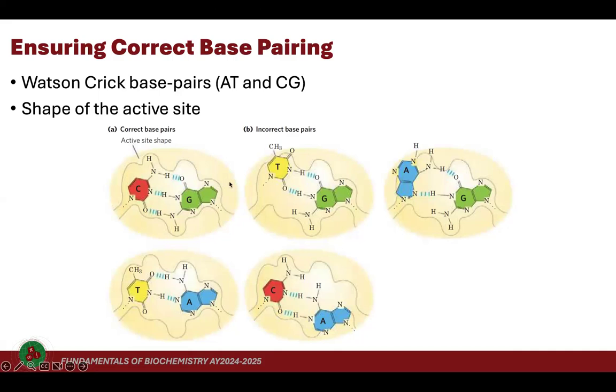As you can see here, the shape of the active site is outlined, and you can see how each base pair fits into the active site. And if you try to place an incorrect base pair such as GT, it doesn't fit in the active site. Okay.